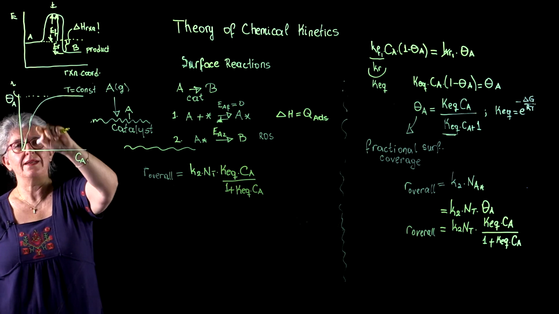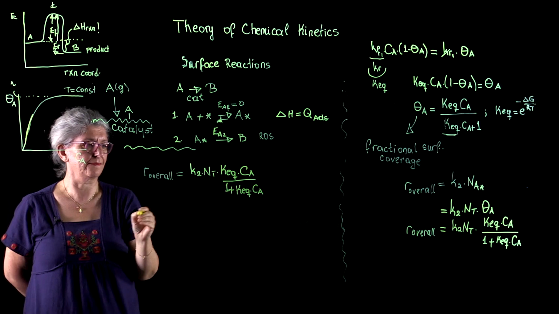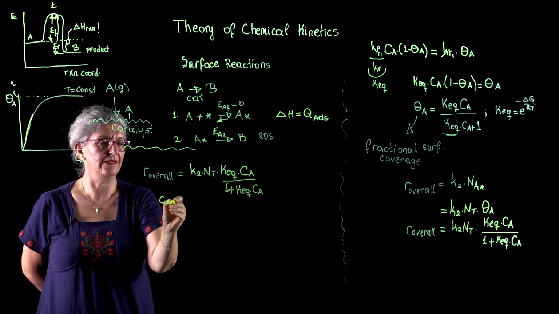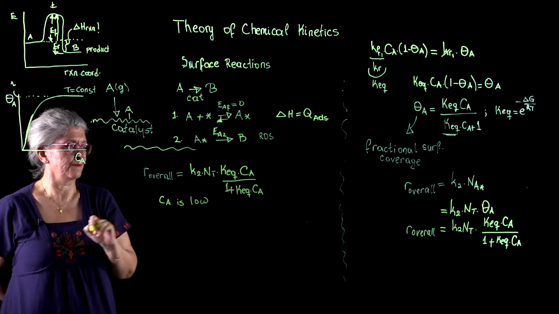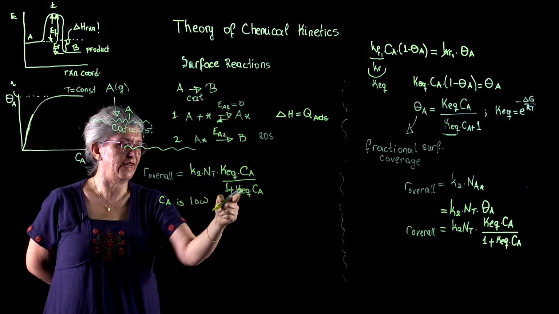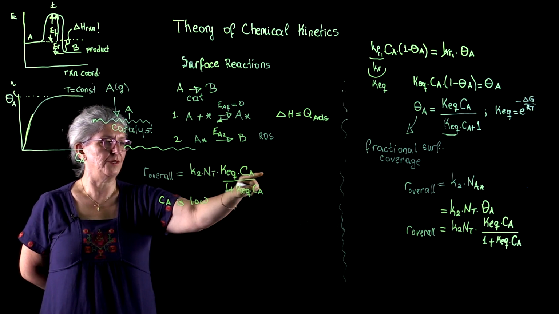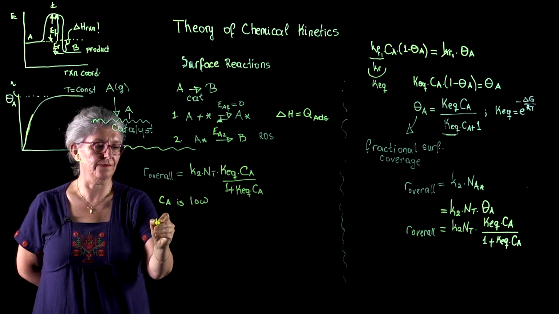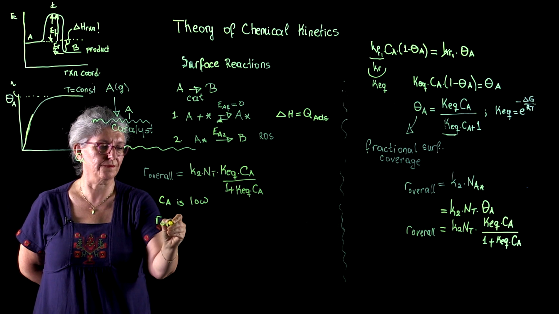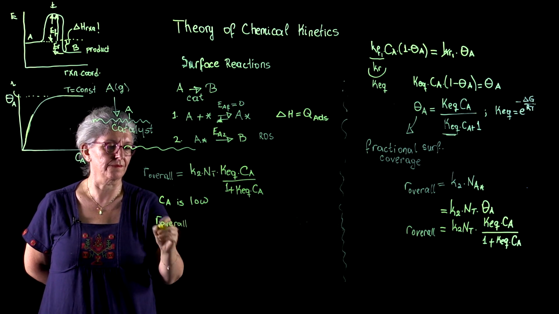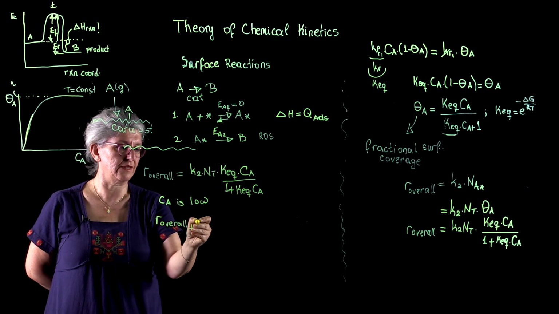Now let's operate in a low concentration domain. Ca is low. So we have only the terms in the denominator. I will call this R overall 1 for low concentrations.